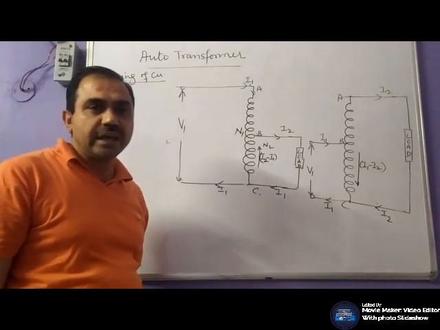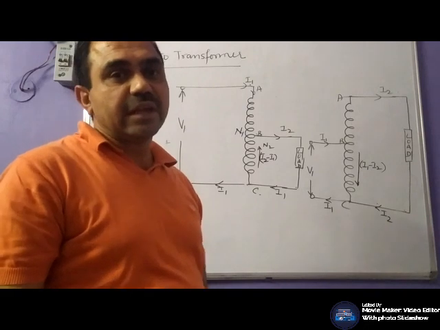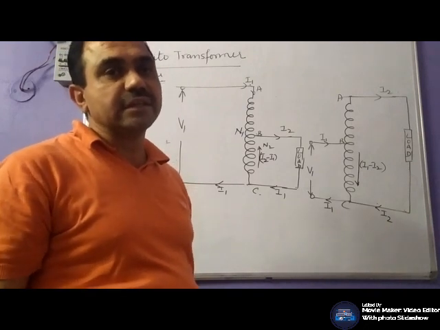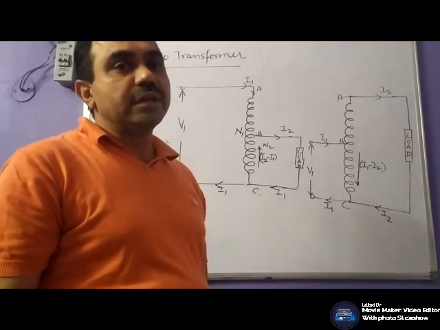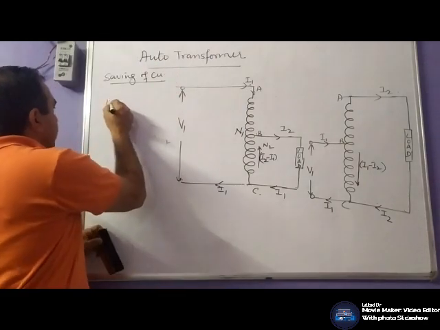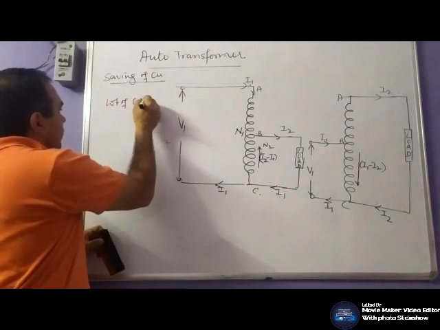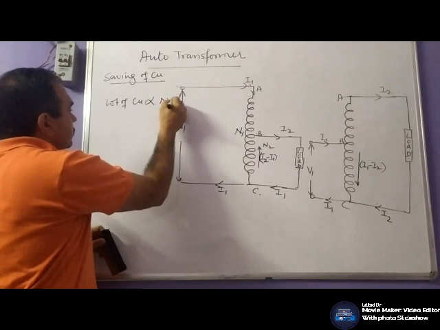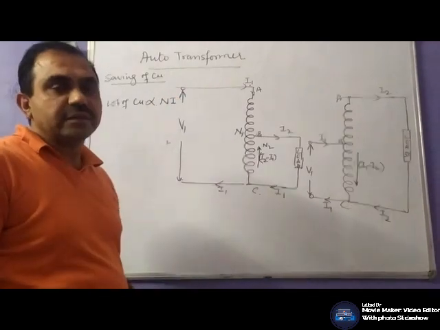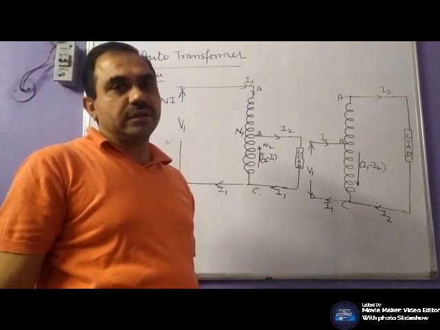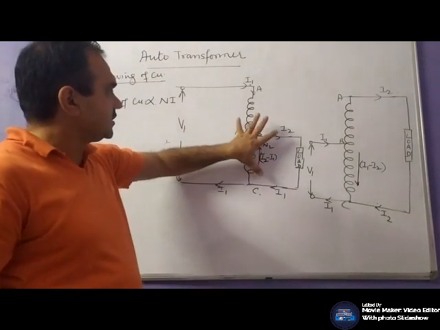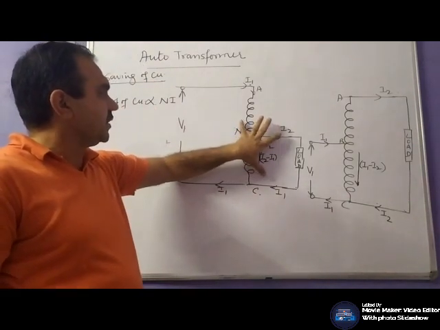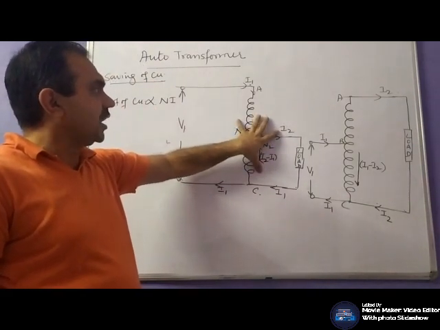If the current is higher, the cross-sectional area would be more. If the current is lesser, it would be lesser. So the weight of copper is directly proportional to the number of turns and current flowing. So now let us see in this particular case what is the weight of the copper in case of auto transformer.